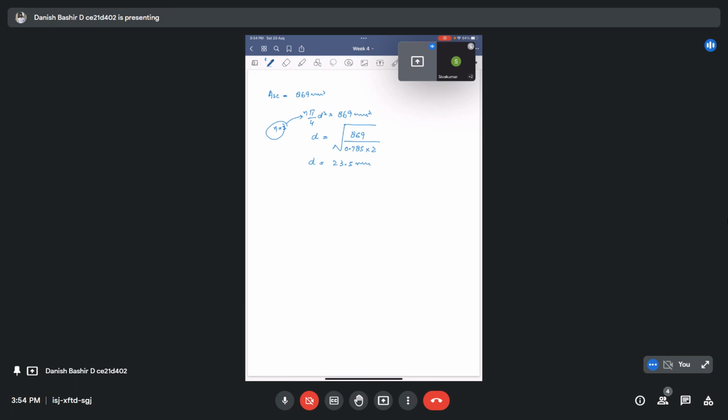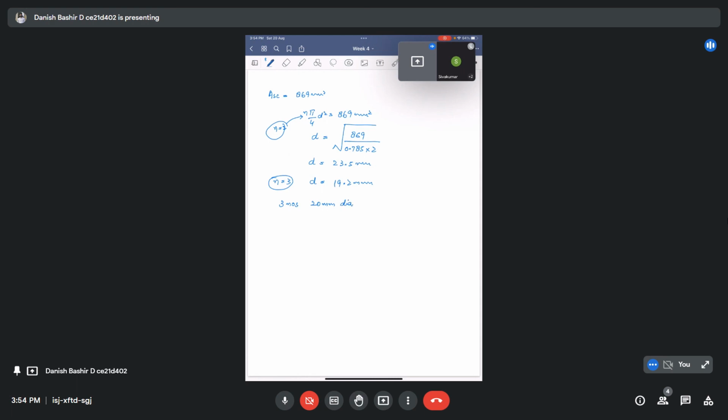And if we choose n equals 3, putting n the same here, we will get D as 19.2 mm. So I will go for 3 bars as compression steel. I will provide 3 numbers of 20 mm dia.